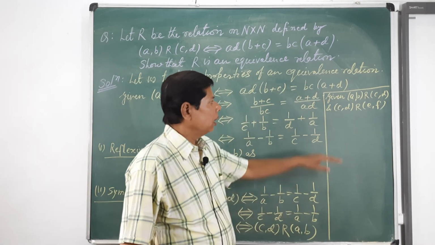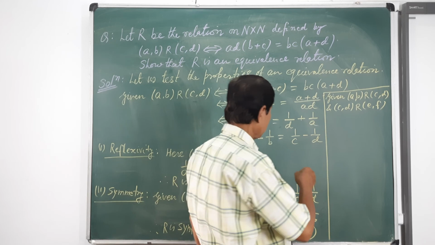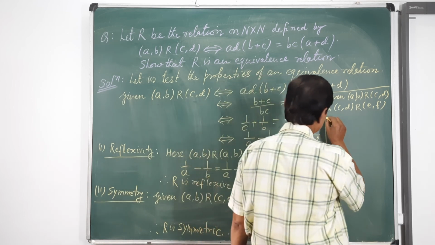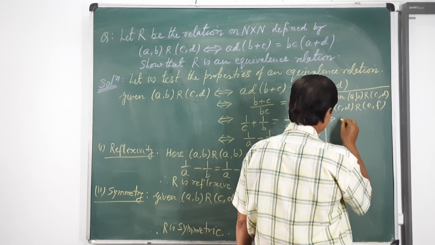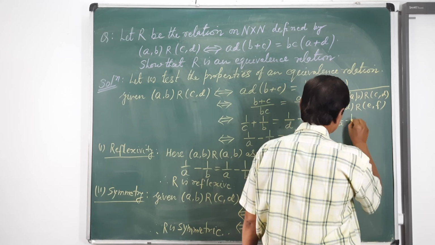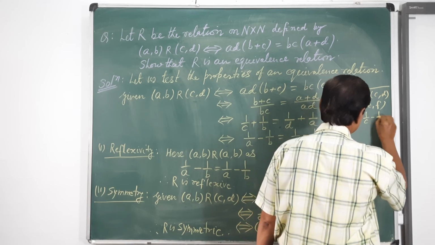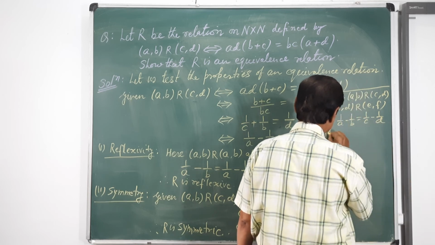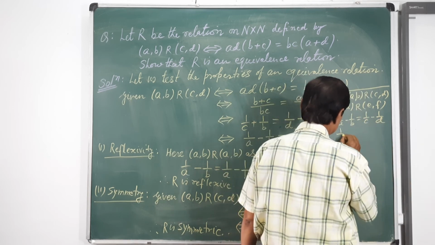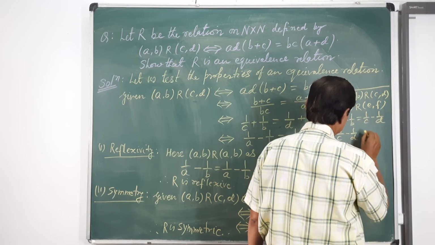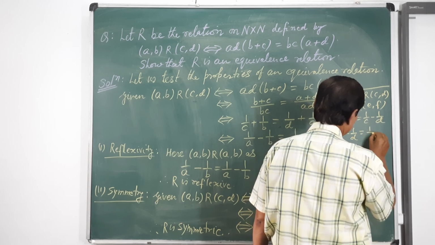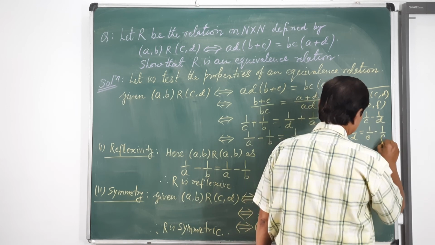All right. That means, according to this definition, we can write this implies and is implied by 1 by A minus 1 by B equal to 1 by C minus 1 by D, and 1 by C minus 1 by D equal to 1 by E minus 1 by F.